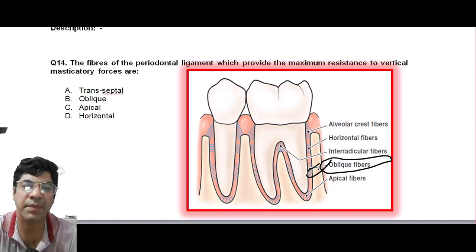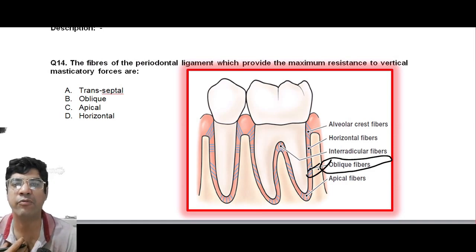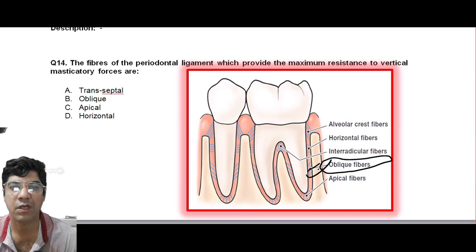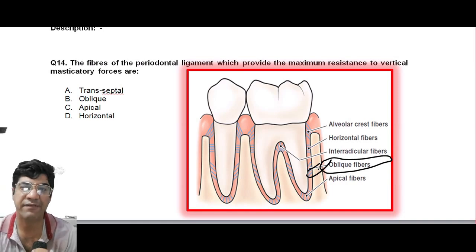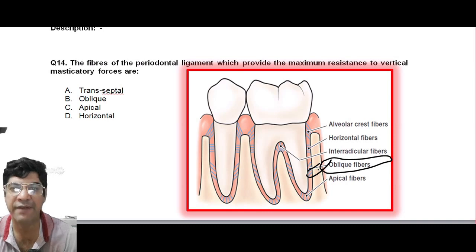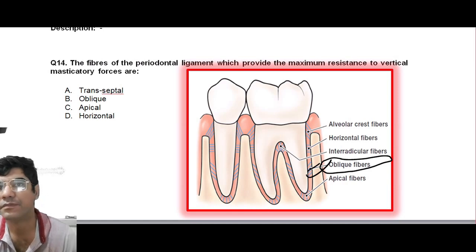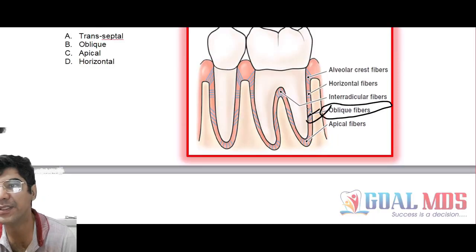That provides stability to the tooth and prevents excessive movement under vertical pressure. So when it comes to resisting vertical masticatory forces, the oblique fibers of the periodontal ligament play a crucial role. Moving to next question.